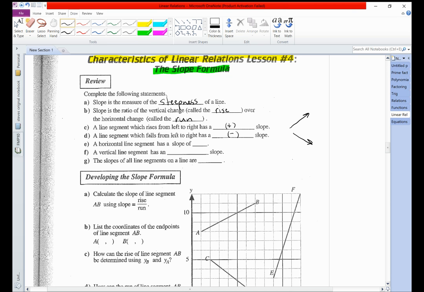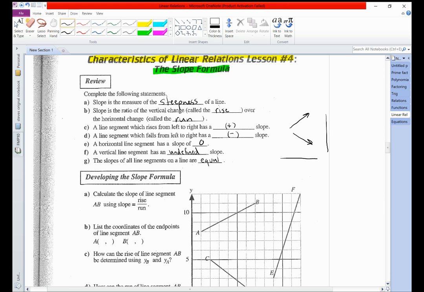A horizontal line has a slope of 0, and a vertical line has an undefined slope. And slopes of all line segments on a line are equal.